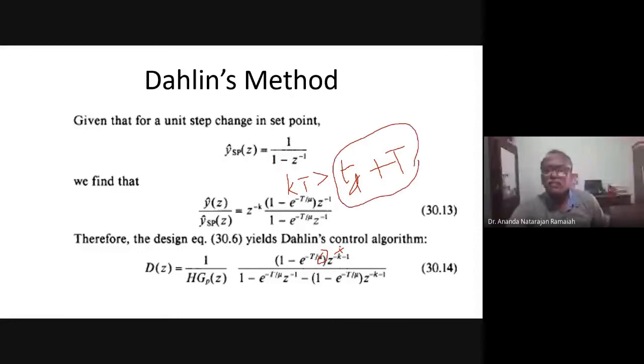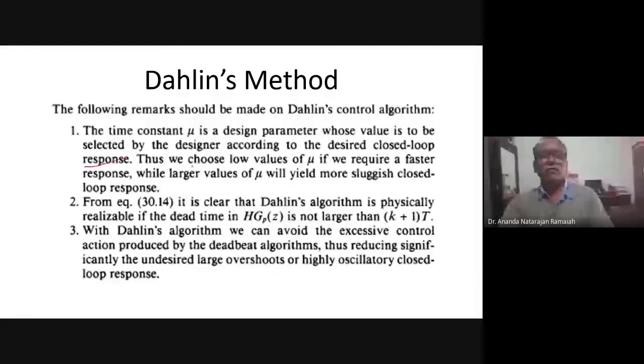That's why this is not a design parameter. The only design parameter is mu. Wherever you find mu, you can select it. The Dahlin's controller depends upon mu. You can choose the mu value to design the Dahlin's controller.